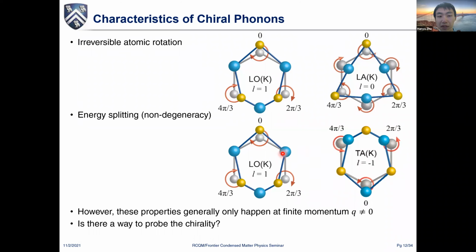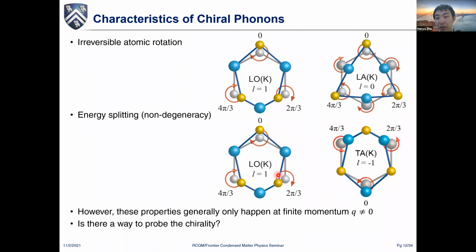So those phonons do have an energy splitting that looks very similar to electronic spin-orbit coupling. All this physics looks pretty interesting, right? Even if people don't frequently discuss the chirality of phonons, these conditions are fairly easily met in a lot of materials.